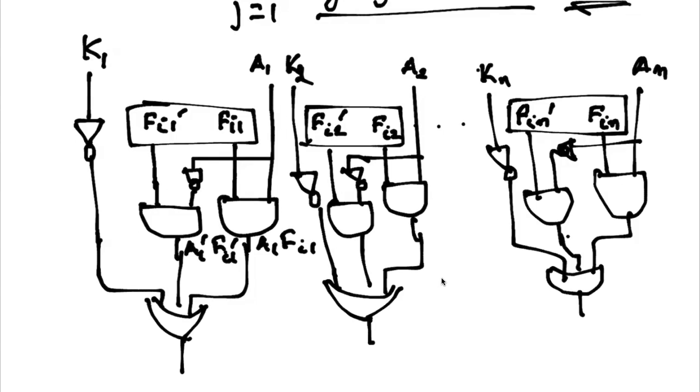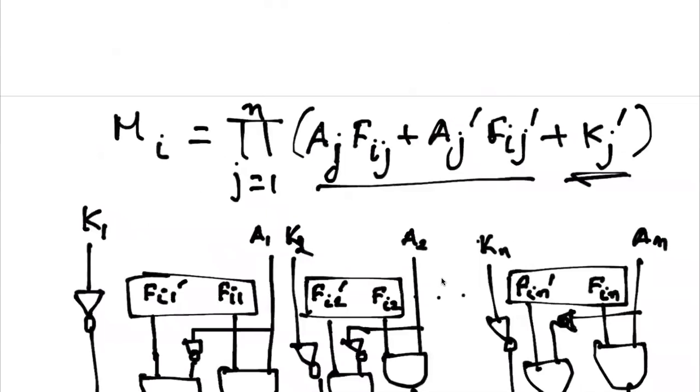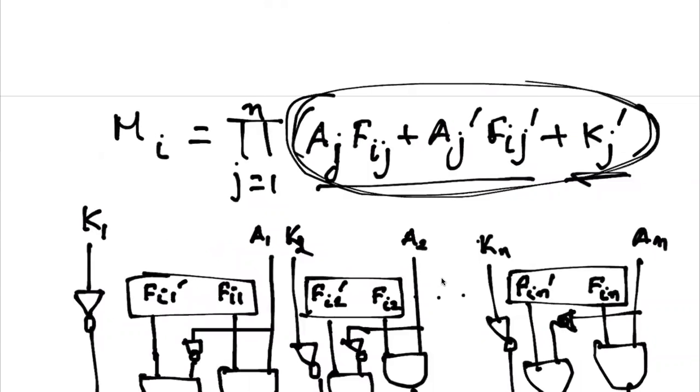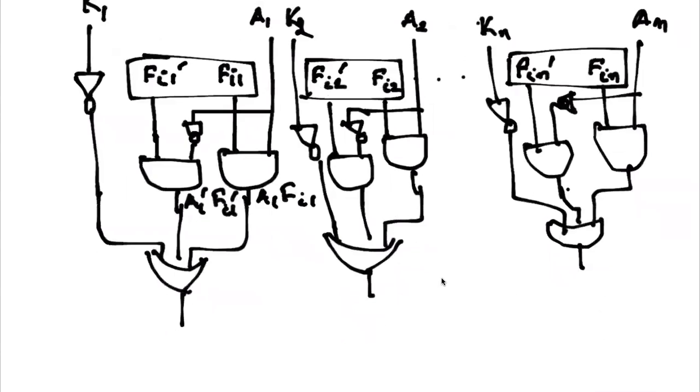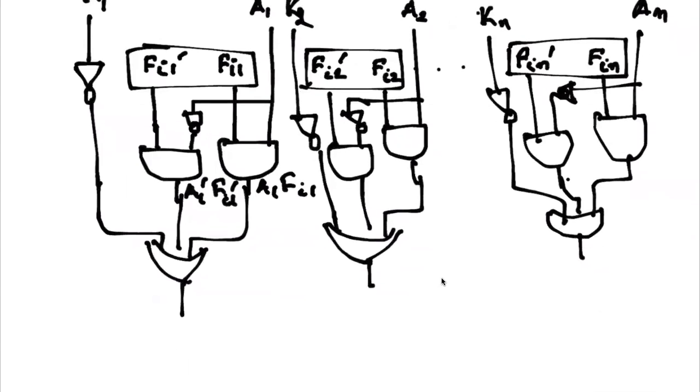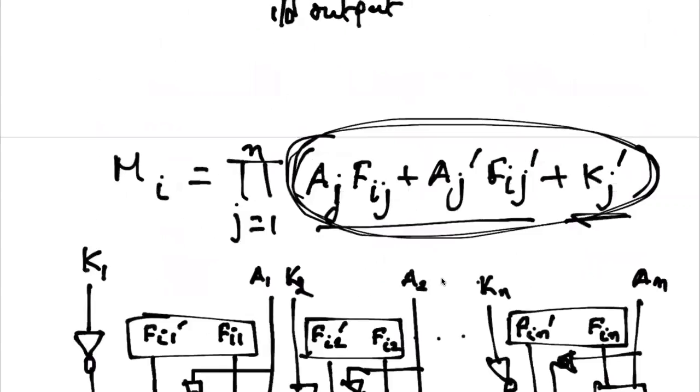Each of these terms is giving me one term of this expression. This is the first term, this is the second, and this is the third. Now finally, what is our work here?